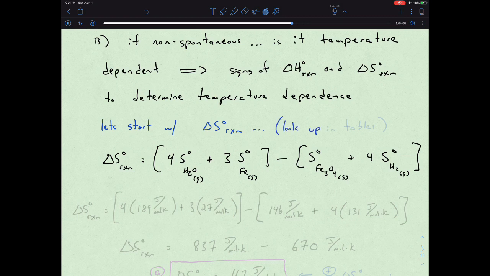And just like before, we're looking up these values in actual tables.